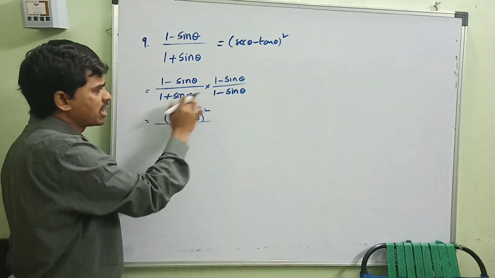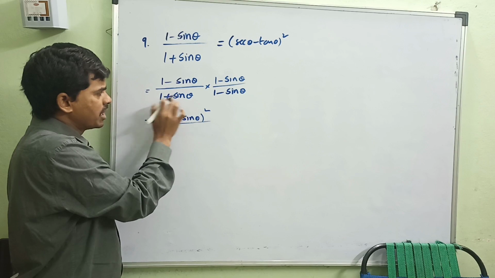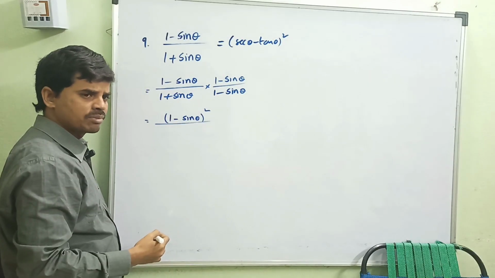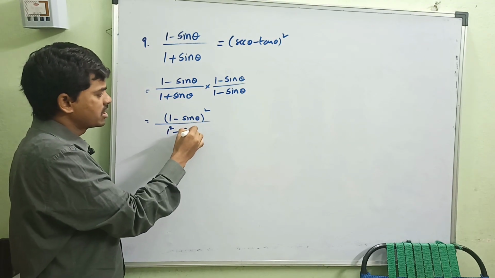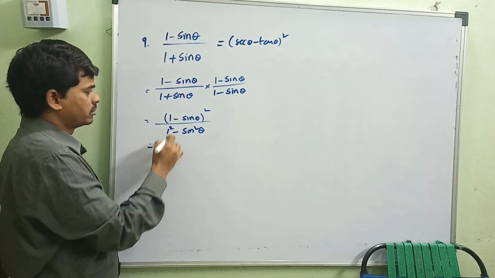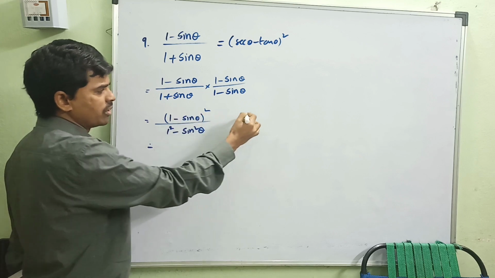The denominator is in the form of (a plus b) into (a minus b). What is the formula we can use now? (a plus b) into (a minus b) is equal to a square minus b square. So it is 1 square minus sin square theta. The numerator is in the form of (a minus b) whole square.